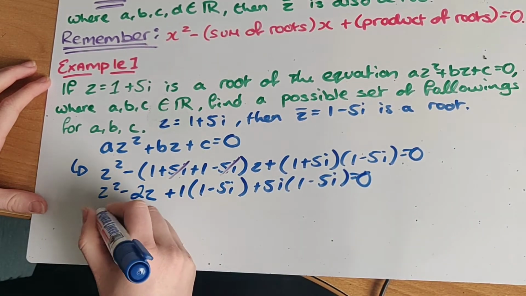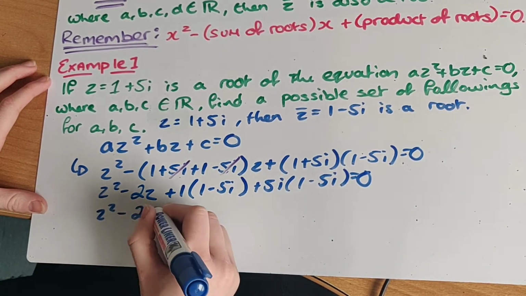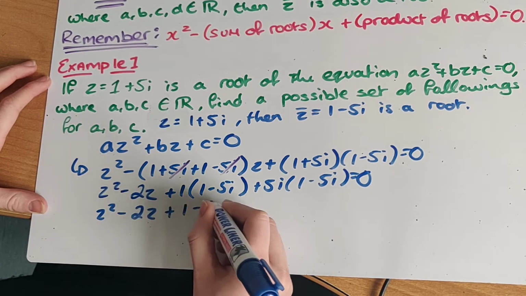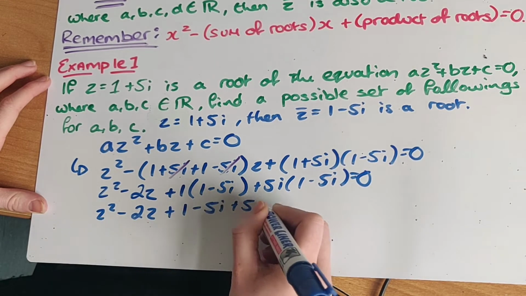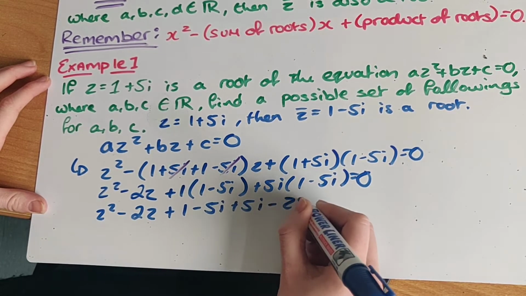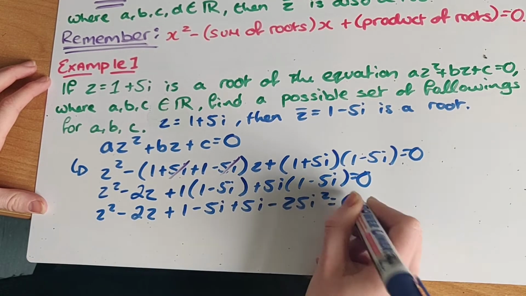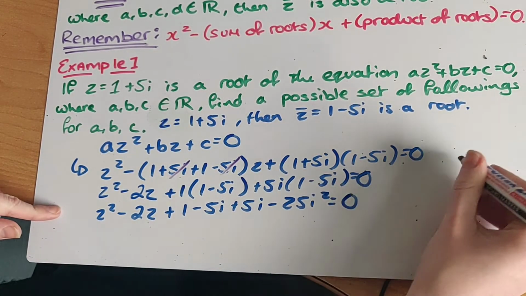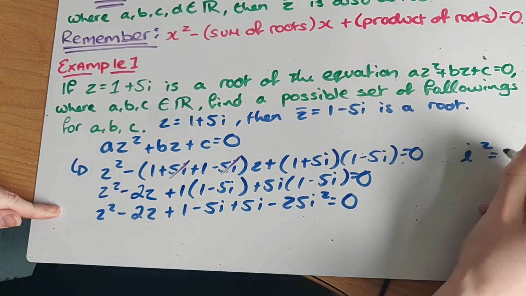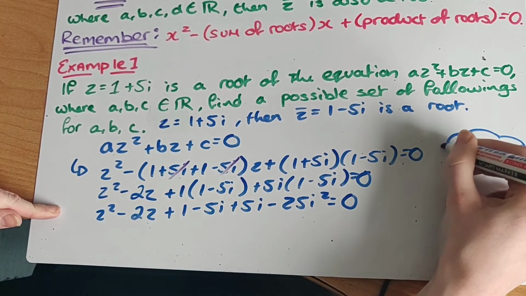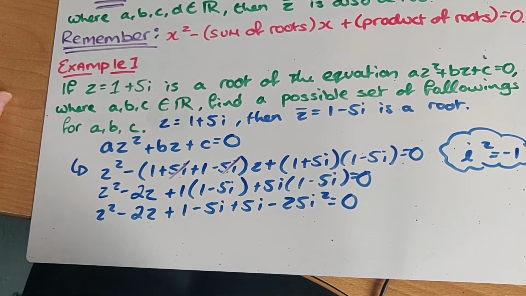And now I'm going to multiply them out. So I have z squared minus 2z plus 1 minus 5i plus 5i minus 25i squared. And this is the important part we need to remember, that i squared is always equal to minus 1, and we need to substitute that in.